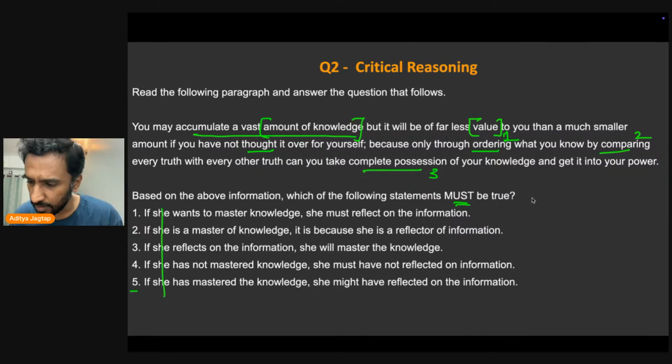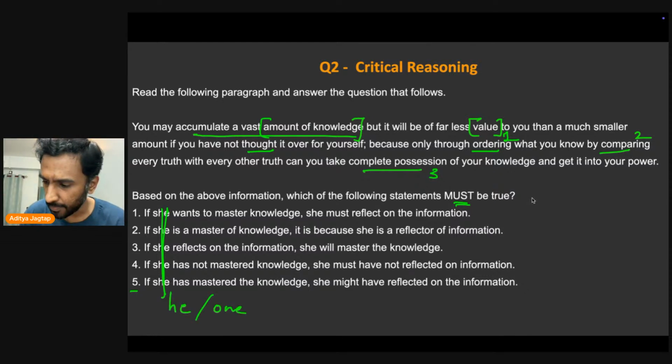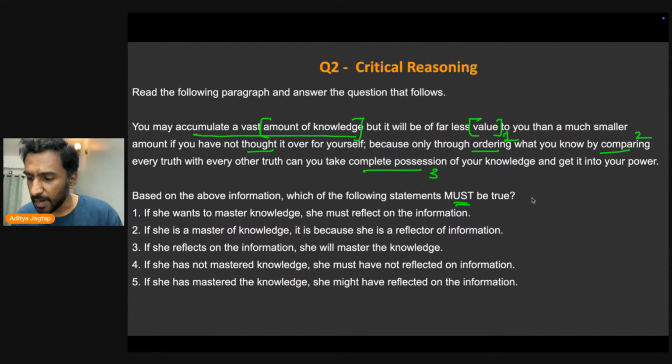By the way, here they're saying if she has, but this could be if he has, or if one has. All of these changes won't make any difference. If she has mastered the knowledge, she might have reflected on the information. So one is, like I told you, always be methodical.